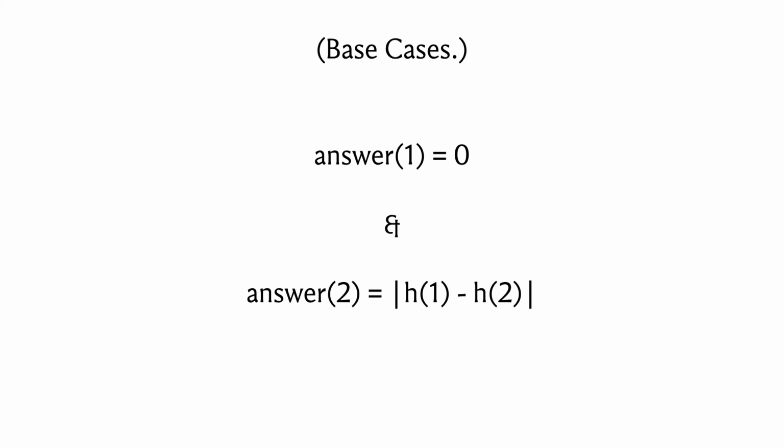Of course, you could compute, for instance, answer of 3 by hand as well, or answer of 4 by hand by doing some cases, but the point is that you don't really need to. These are the minimal base cases that will make your algorithm work, and although in some scenarios it's useful to be clever about what kind of base cases you compute, for the most part, by and large, at least for elementary examples of dynamic programming, the base cases are usually very easy to figure out, but they're also very, very important.